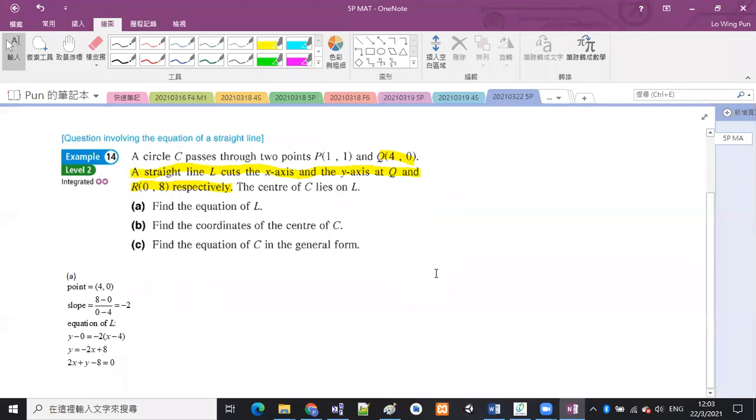好啦，跟住 find the coordinates of the center of C. 呢度你打粒星落去。So please put a star here. Do we have information about the center of C?